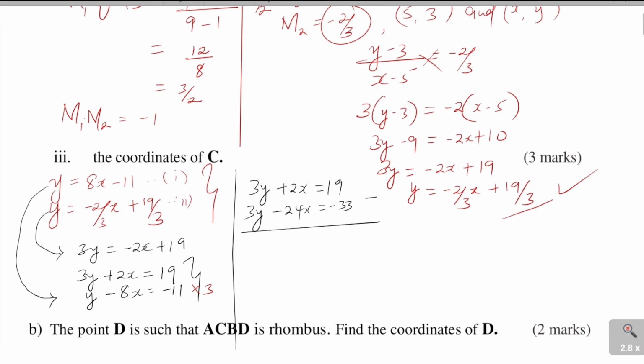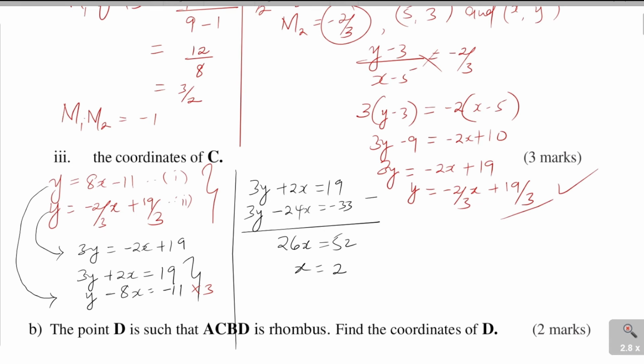Then you can subtract to eliminate y. So 2x - (-24x) will give 26x, and this is equal to 19 - (-33), that will give 52. So x will therefore be 2.